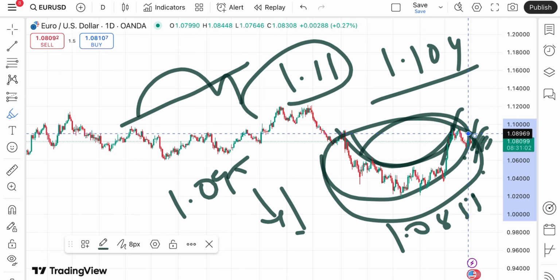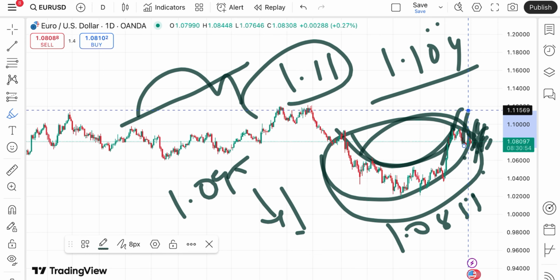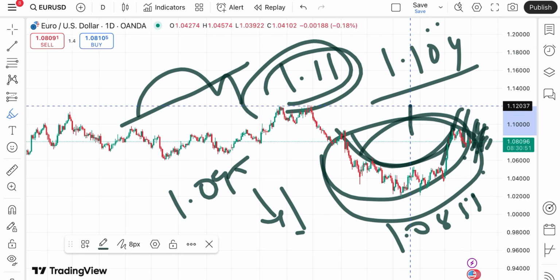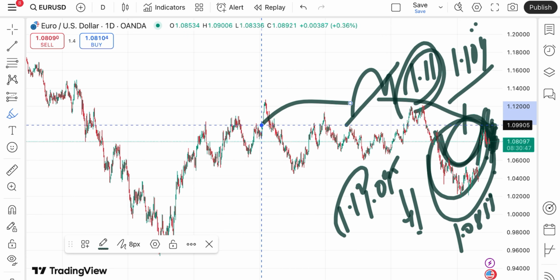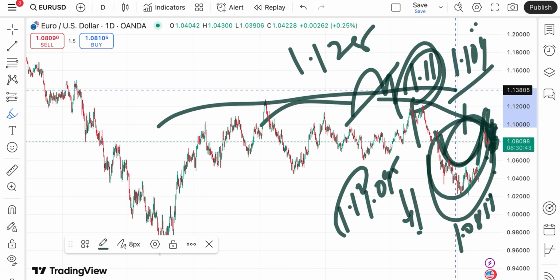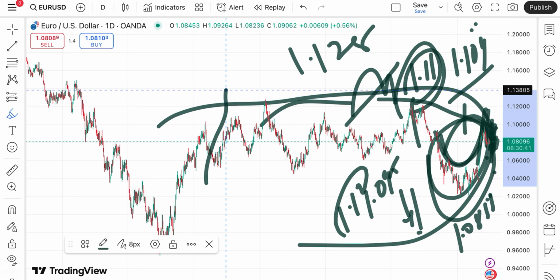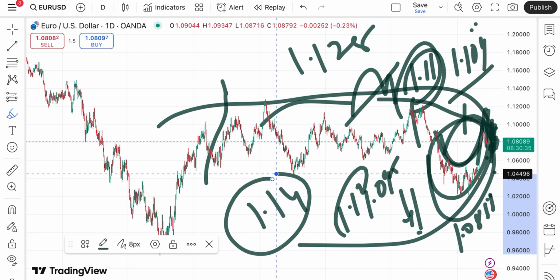Because there will be a zone breakout, chances are high the price can touch a level of 1.094 to around 1.10, and from there it can touch 1.111. Chances of crossing a level of around 1.12 will be there, and then there will be a zone breakout, so the probability of sustaining towards 1.128 we can see, and then another zone breakout, so the price can go towards 1.13 to a level of 1.14. And if that sustains, a further upside.